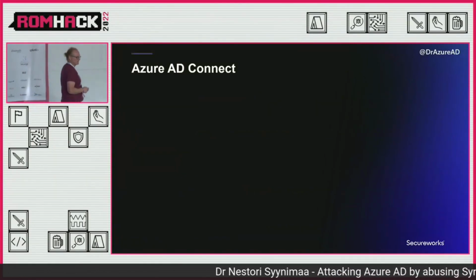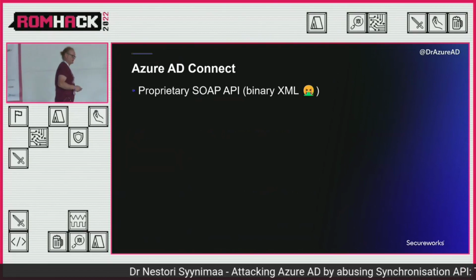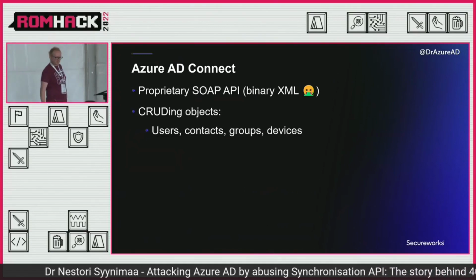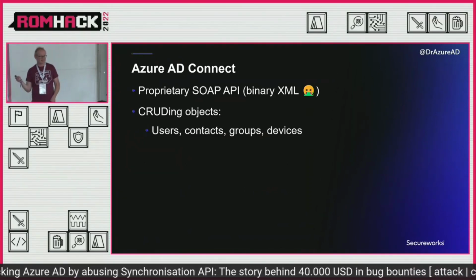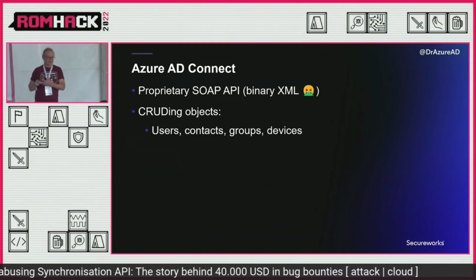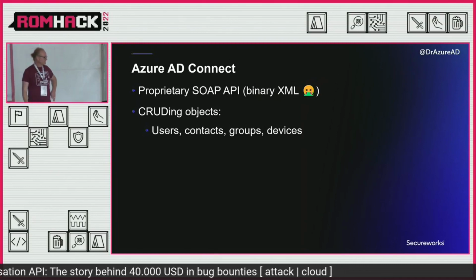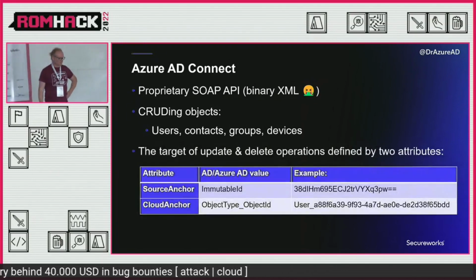So about Azure AD Connect synchronization. It's using proprietary SOAP binary XML. It can do the CRUDing for objects, which means that it can create, read, update, and delete these users, which it has synchronized to the cloud.